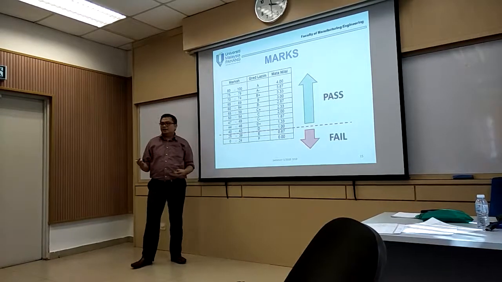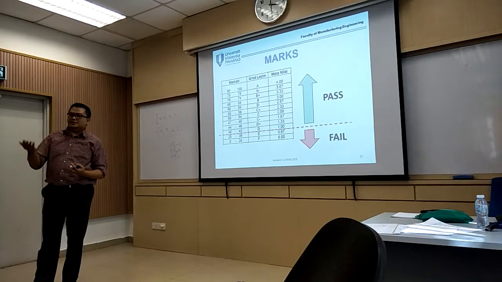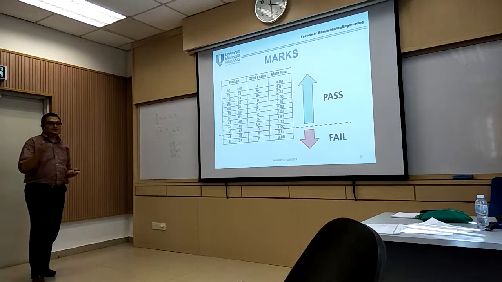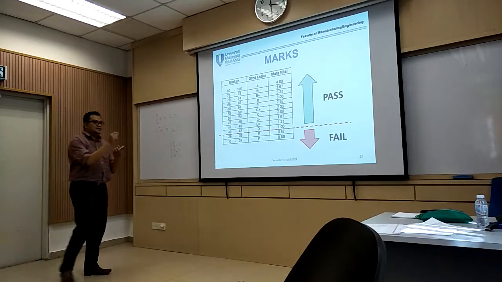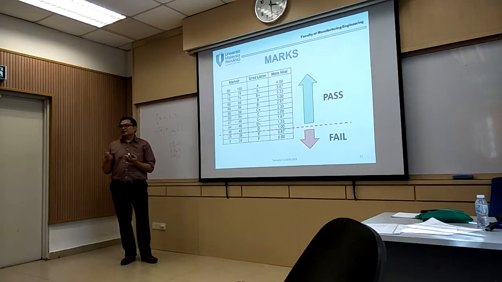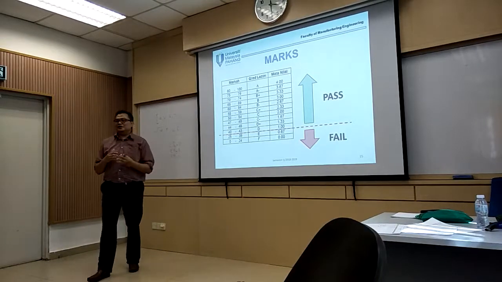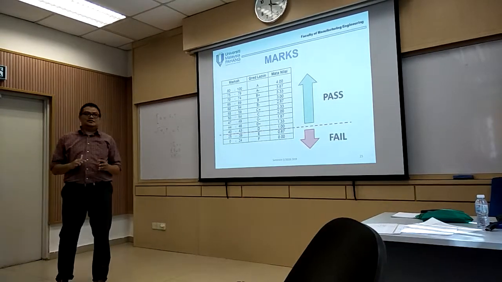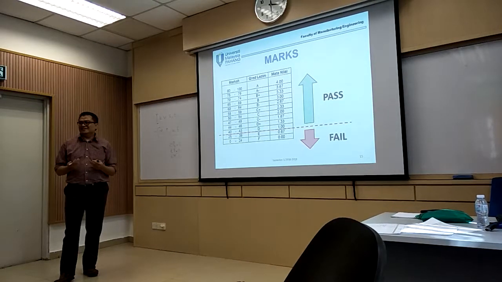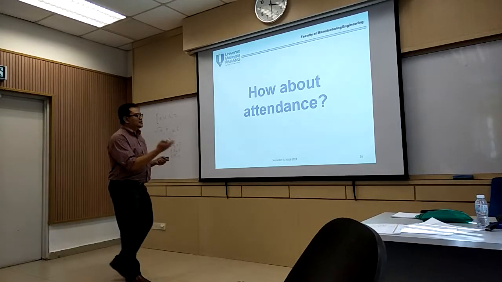Then the lecturer remembers that this student always comes to class, he is familiar with the face, and the student is quite active, so sometimes he will check the mark again to see whether he can upgrade it or not. So attendance is not directly giving you the mark, but it gives some indirectly.